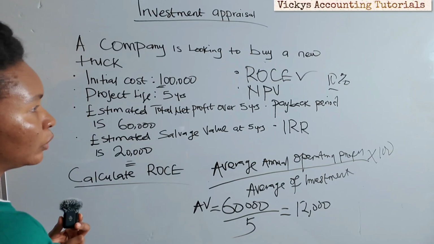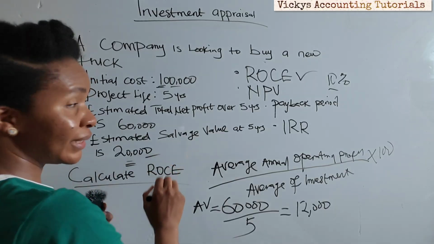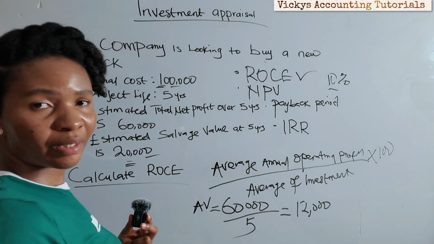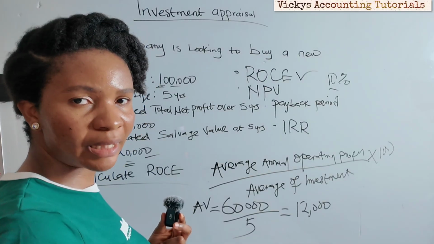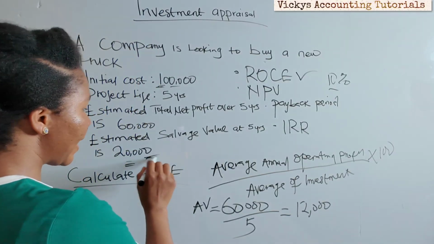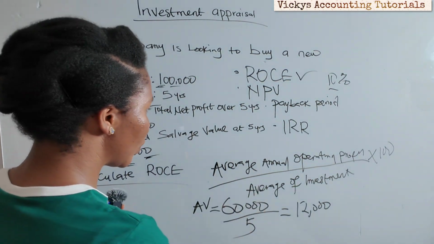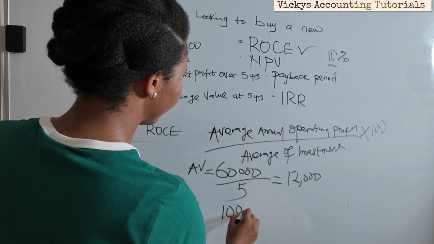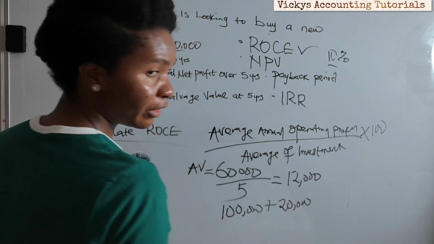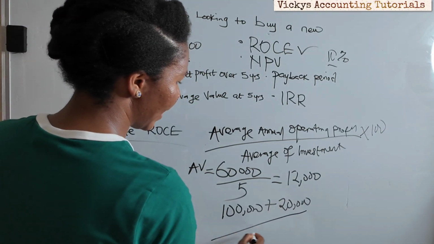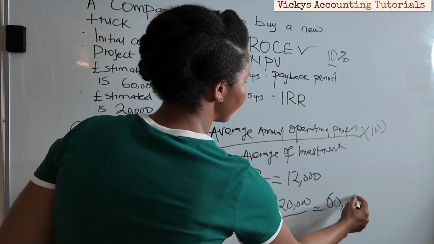The average of the investment will be the initial cost of the investment, okay, plus the salvage value, because we're going to be earning back this 20K once we are done with the project. We will sell off the truck to the public and then gain 20K afterwards, right? So our average investment will be 100,000, all right, plus 20K, which is the salvage value, okay, divided by 2, just to find the average, right? 60,000, okay?